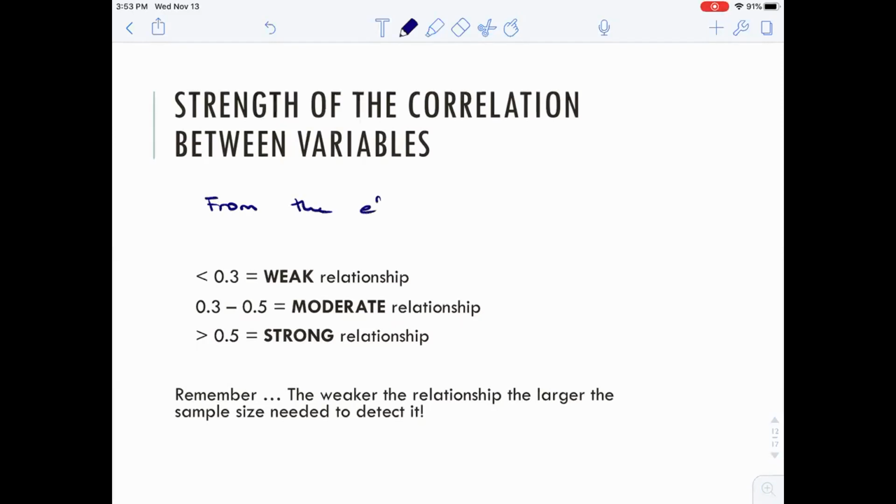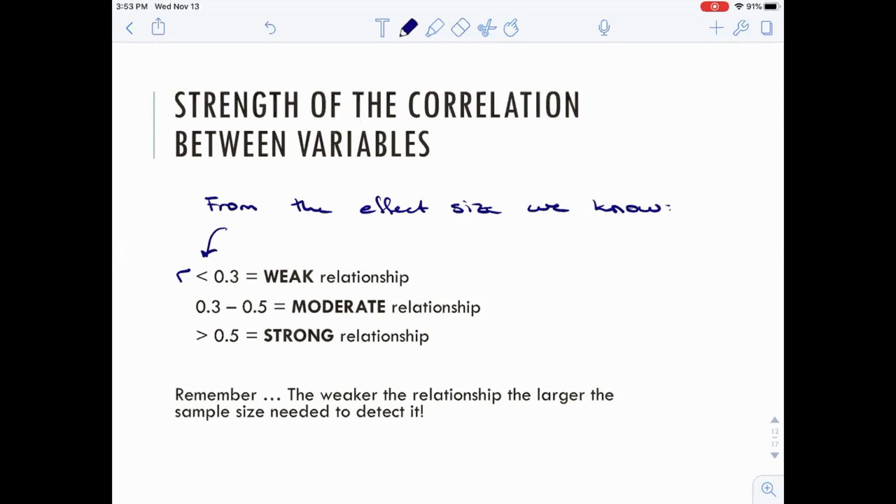From the effect size, we know that a correlation, so R less than 0.3, is a weak relationship, an R between 0.3 and 0.5 is moderate. I should have fixed that, but I really don't like when we use the little dash from 0.3 to 0.5.